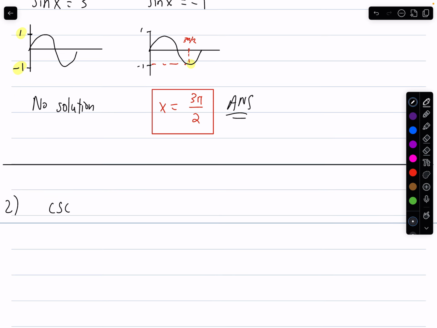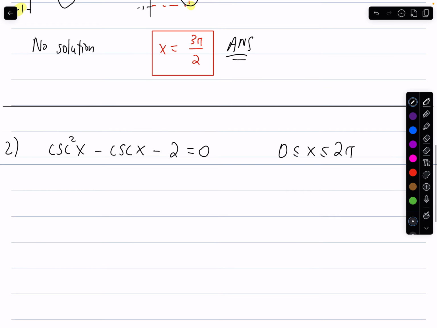Cosecant squared x minus cosecant x minus 2 equals 0. And let's do this on the same interval from 0 to 2 pi. So first what we're going to do is we're going to factor this to cosecant x minus 2 and cosecant x plus 1.